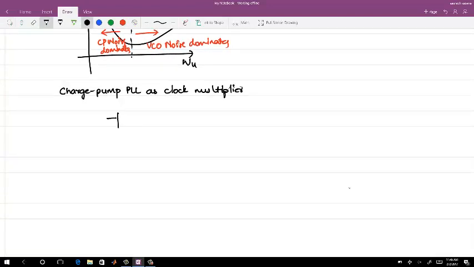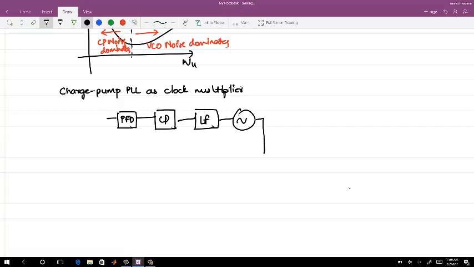I have the PFD, charge pump, loop filter, then VCO, and what changes here is your division factor, the frequency divider.